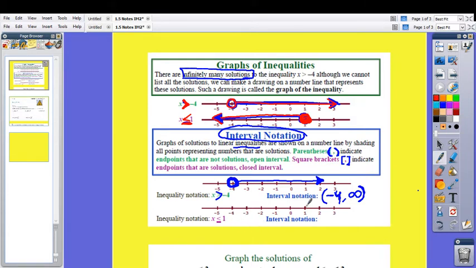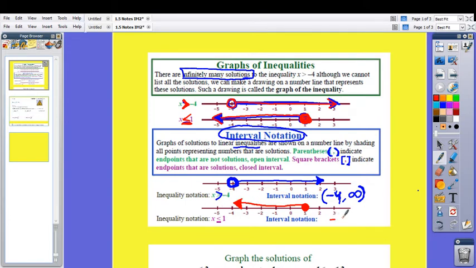Now let's take a look how you will do this one. This one we said it is starting at 1. We will fill it because it says less than or equal to, and then we will be going to the left, okay? Now in this case it does not have the left endpoint because it's going towards negative infinity.